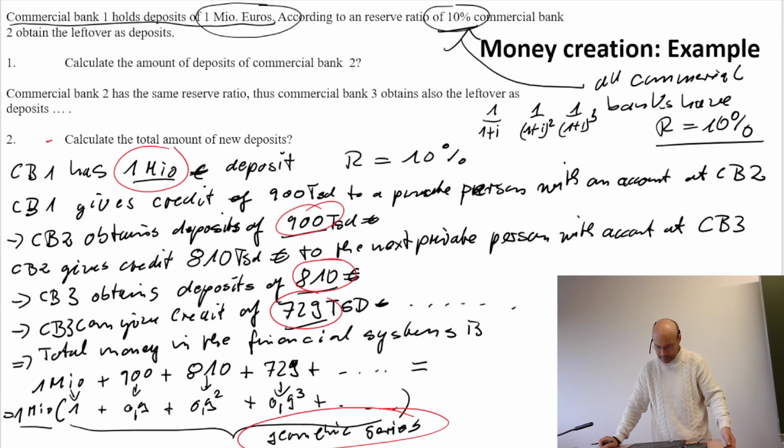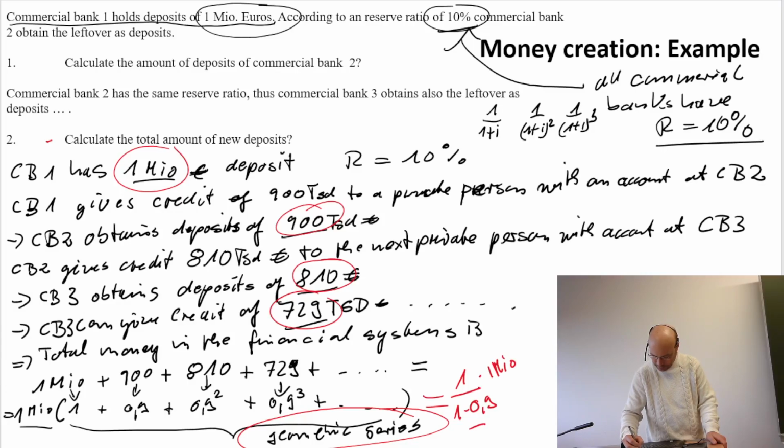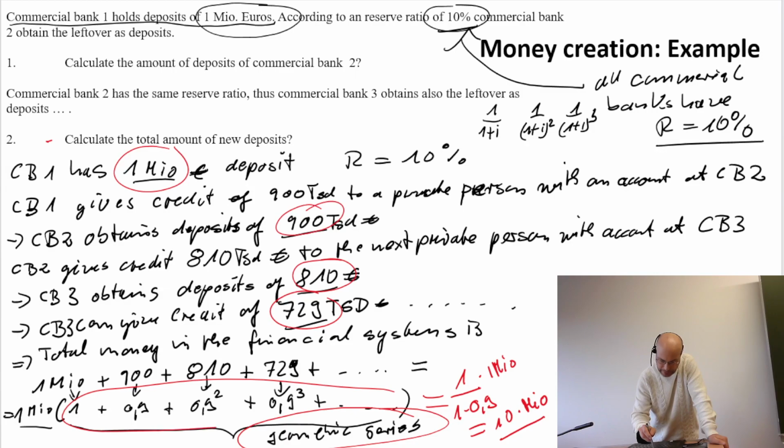We know that this series then ends in 1 over 1 minus 0.9 times 1 million. So we end up at 10 million euros, because we know that this geometric series has a finite limit.